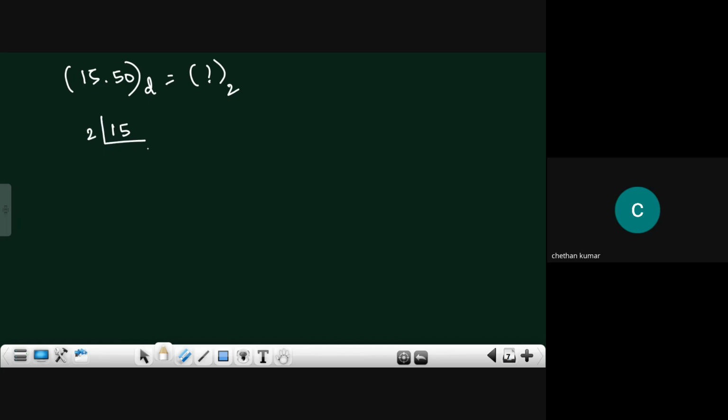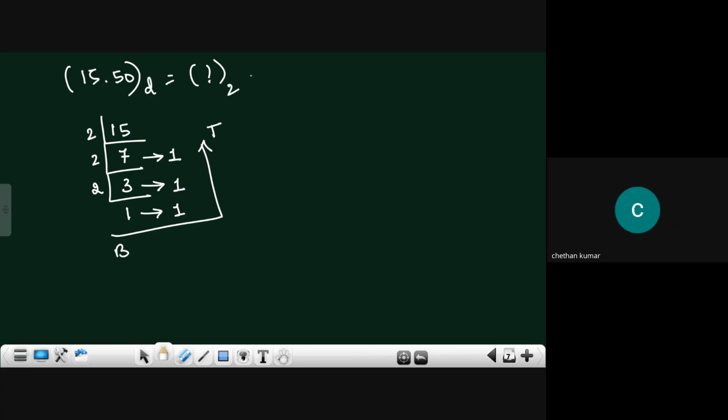How many times? 7 times. What is the remainder? 1. Again, how many times? 3 times. What is the remainder? Again, how many times? 1 time. What is the remainder? 1. Take the result from bottom to the top. So 15 means 1, 1, 1, 1.